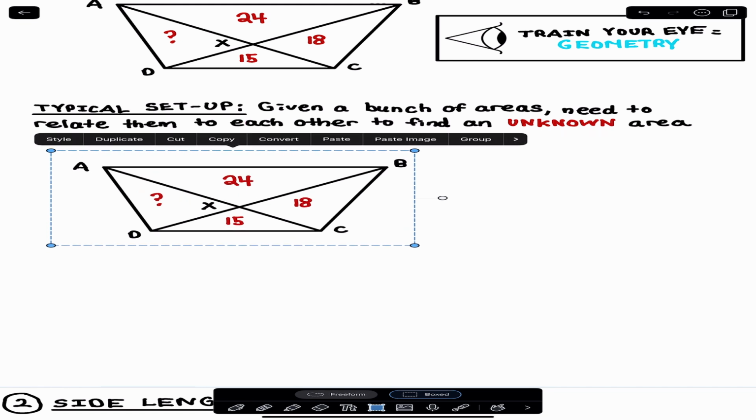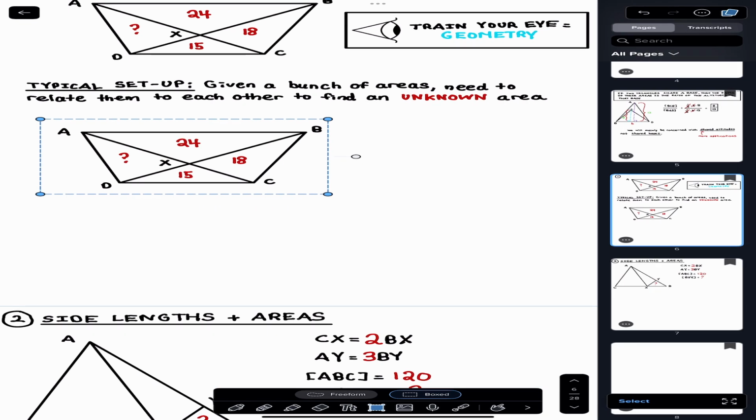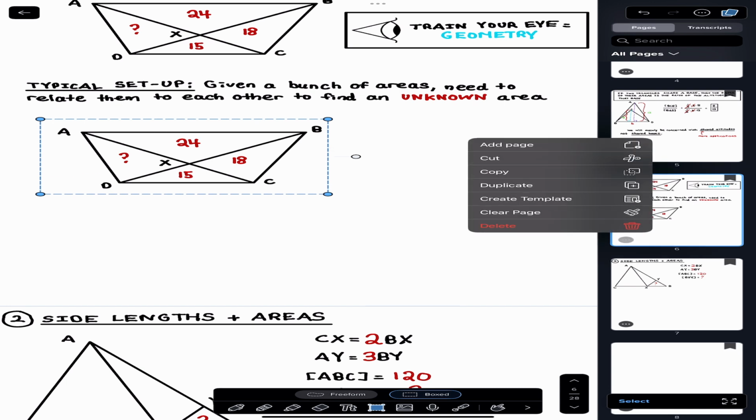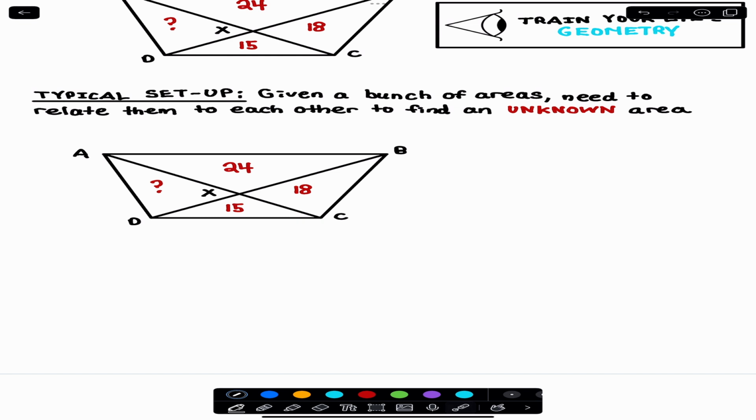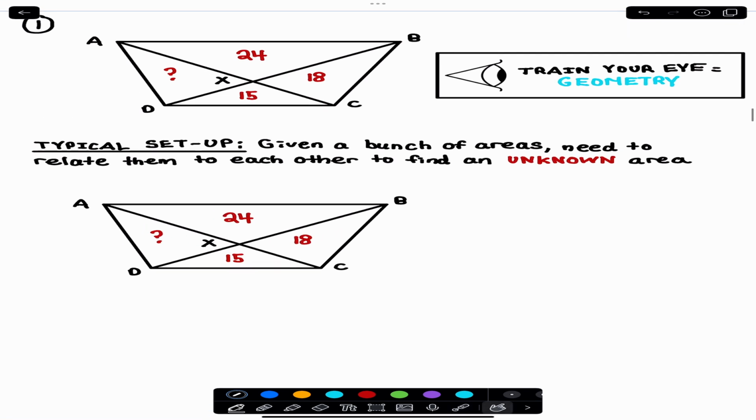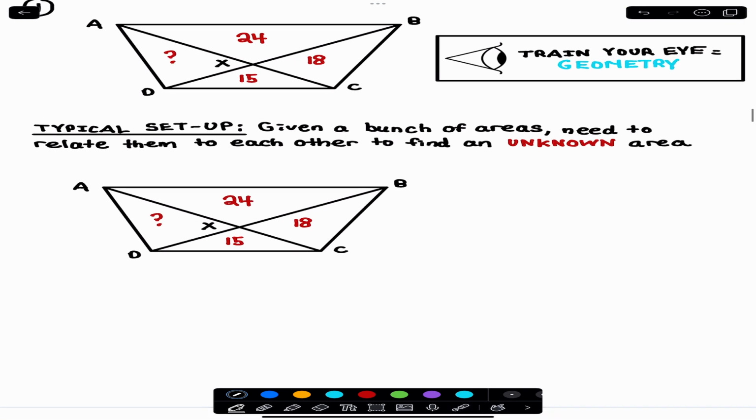And actually, right away, I can tell we're going to need another page. So I'm just going to do that very quickly. Okay. Now, I've just gone ahead and pasted the problem so that we can focus on a specific section of this diagram.